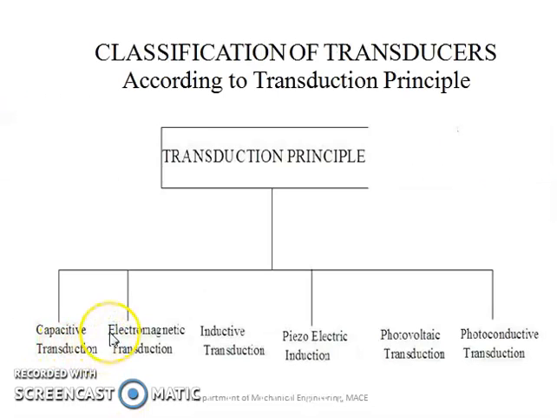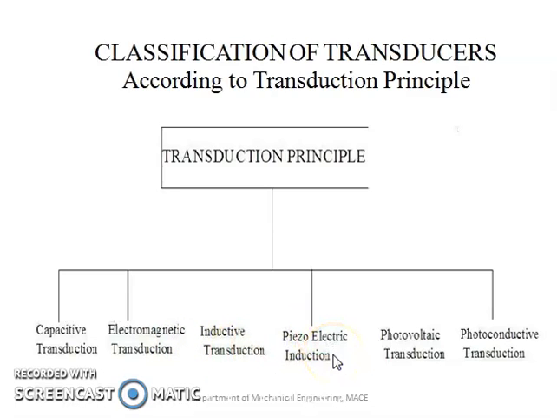That principle is used in these types of transducers. So generally we can say that according to the transduction principle, we can classify transducers like this. When the capacitance is changed according to the change in measurand, it is capacitive transducer. When there is a change in electromagnetic flux according to the change in measurand, it is electromagnetic transduction. When there is a change in inductance, it is inductive type.